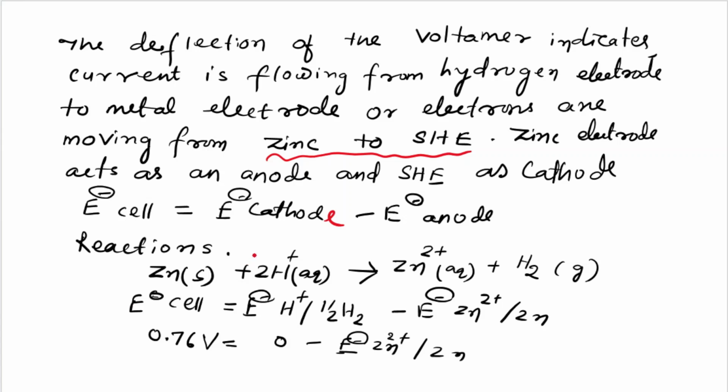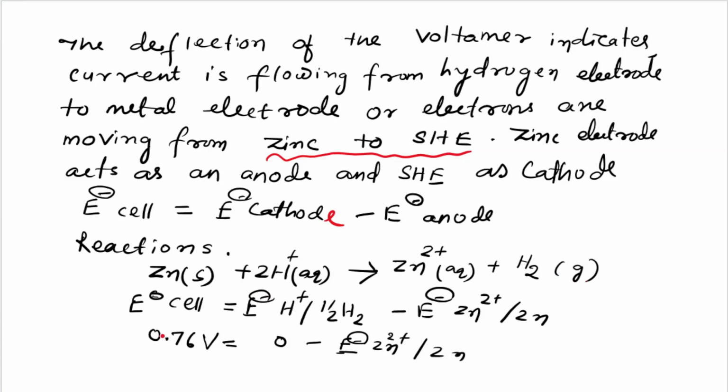Then what is the reaction when zinc is dipped in zinc sulfate and S.H.E. is the other half cell? Here this is the reaction: Zn losing electrons and 2H plus gaining electrons, giving Zn plus 2 aqueous and H2 gas.